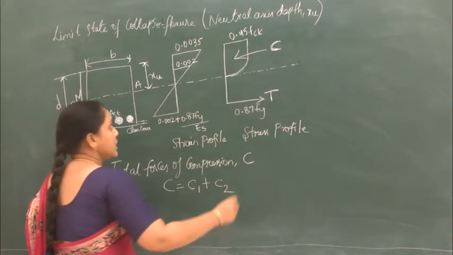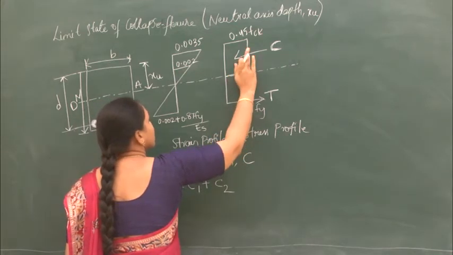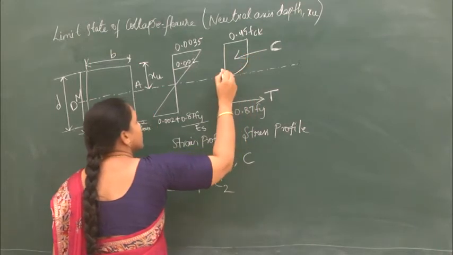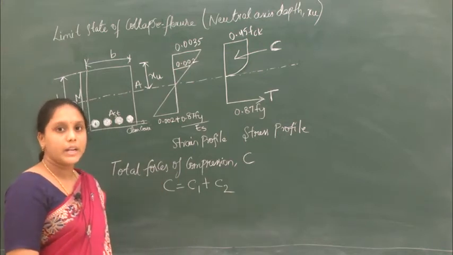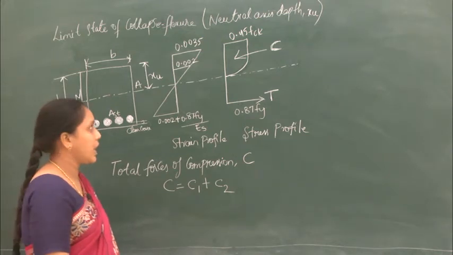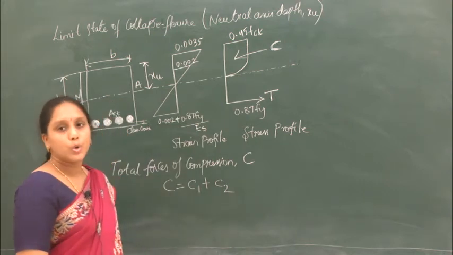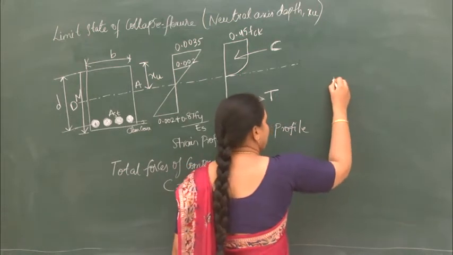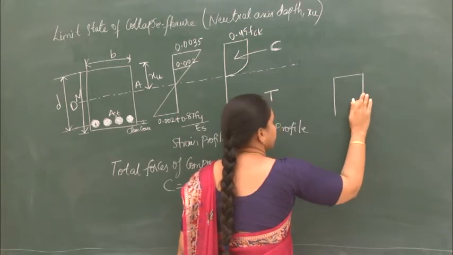That is, the stress block is irregular in shape. So as the stress block is irregular in shape, we will divide this particular stress block into two parts. So let us draw this particular stress block separately.